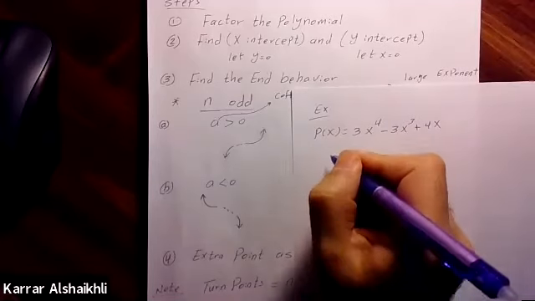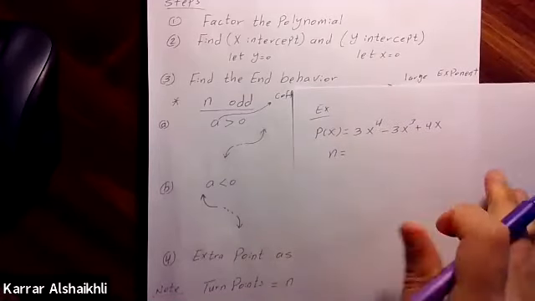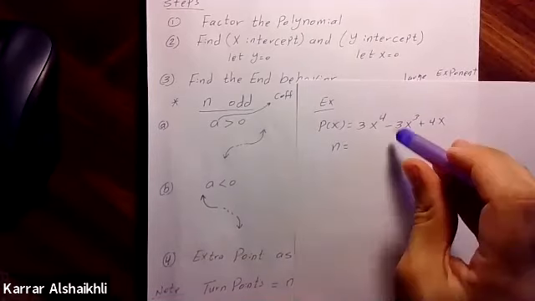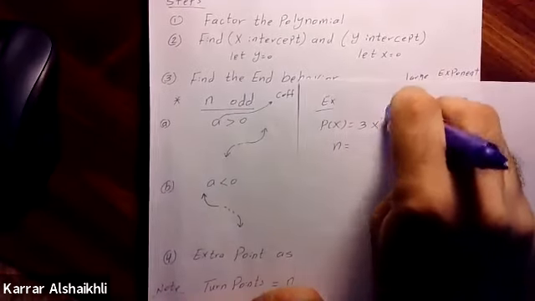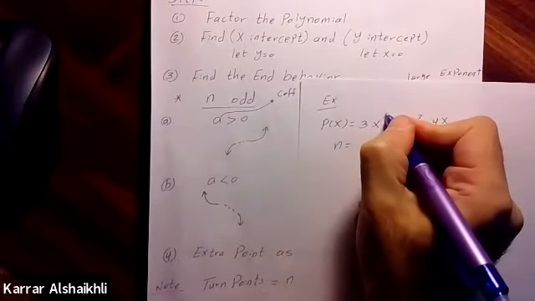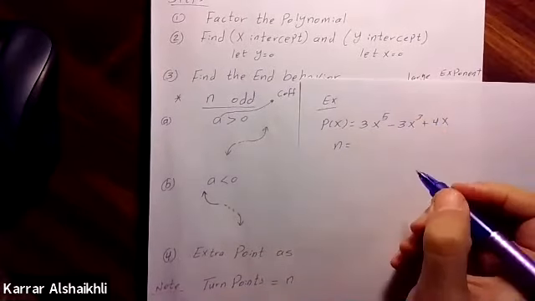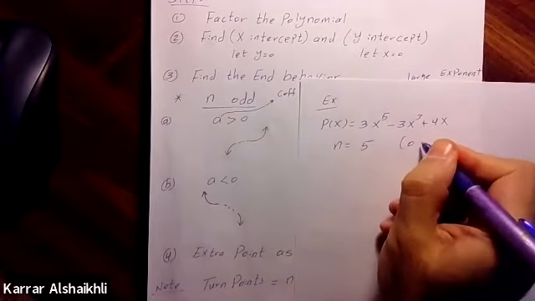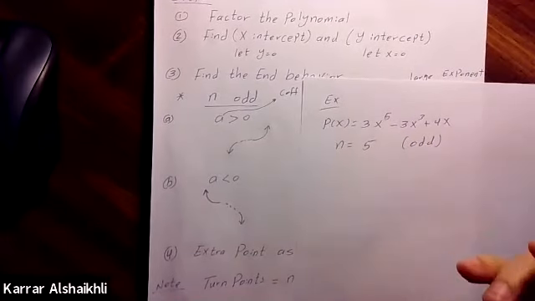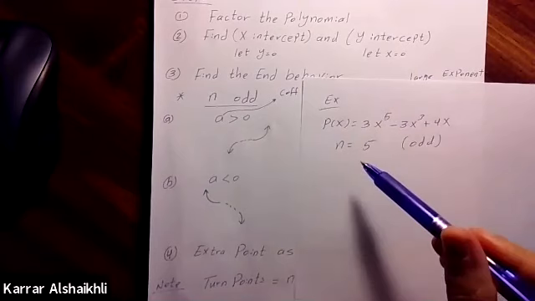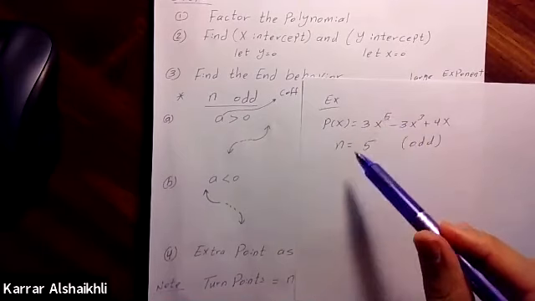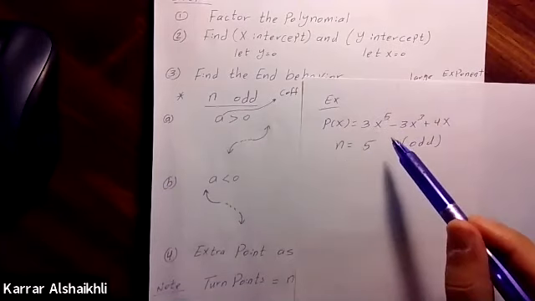So now n is the large exponent, so I'm going to check. N is the large exponent, which is 5. 5 is odd. So the first thing I locate is that n is an odd number, which is the large exponent, 5. So I'm going to put this one on the side.